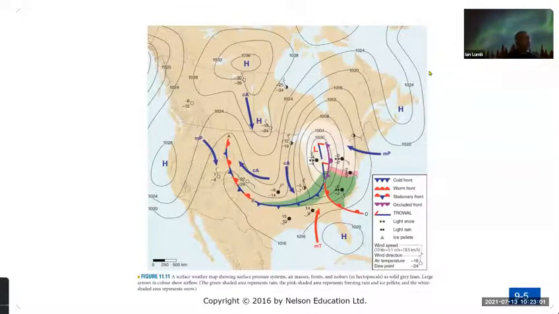So this is basically a weather map. And it starts with taking pressure data from all kinds of stations. Each of these dots with these funny looking arrows sticking out of them is a weather station, like EMOS. So we take the pressure data from weather stations and produce a map like this.